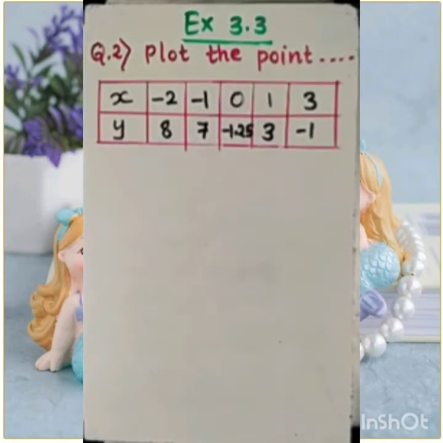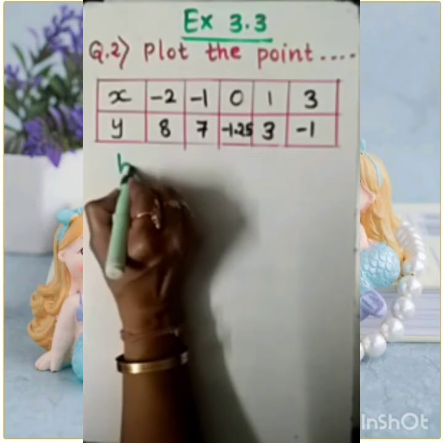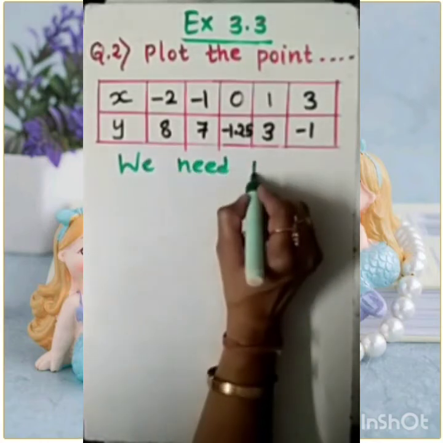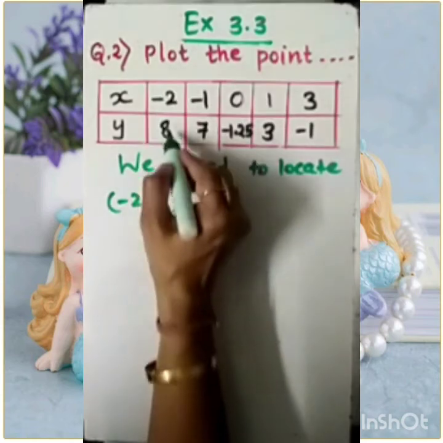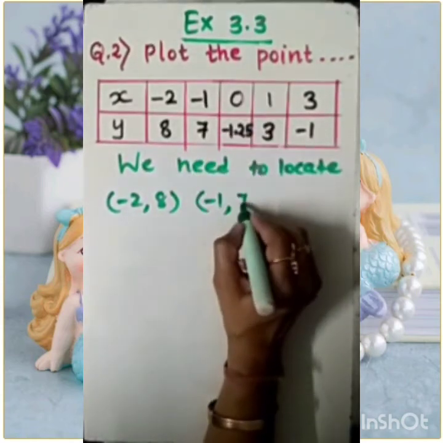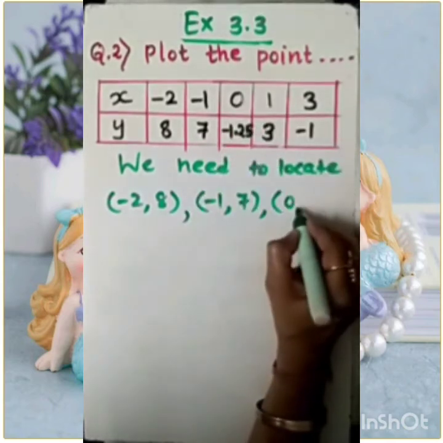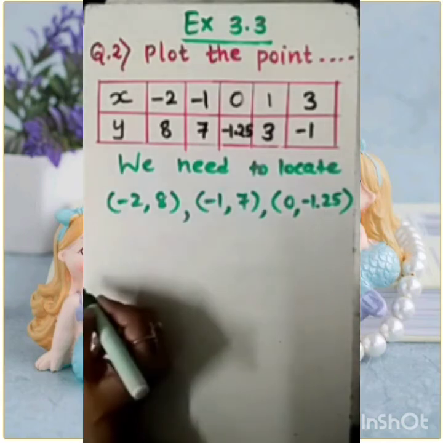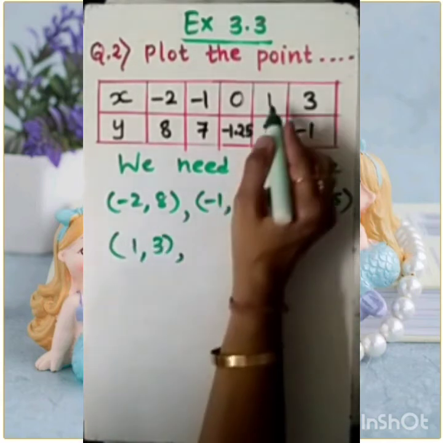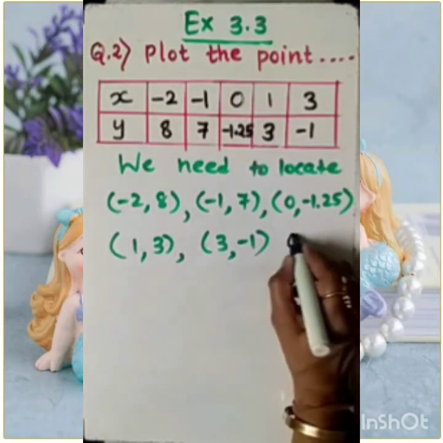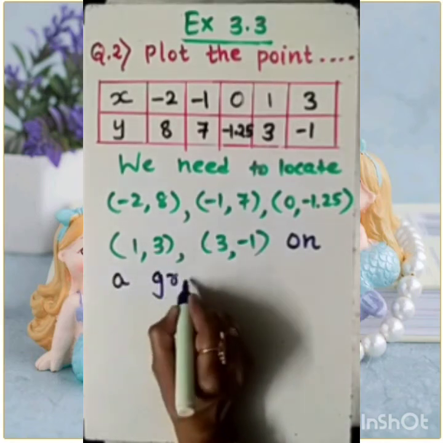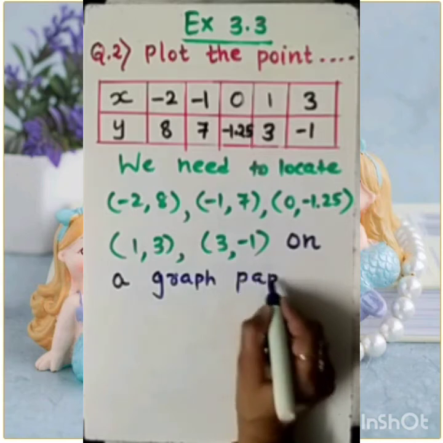So my dear student, we need to locate these points on a graph paper: -2, 8 is the first point, -1, 7 the second point, 0, -1.25 the third point, 1, 3 the fourth point, and 3, -1 the fifth point on a Cartesian plane. Clear to you? So let's see how to go with that.